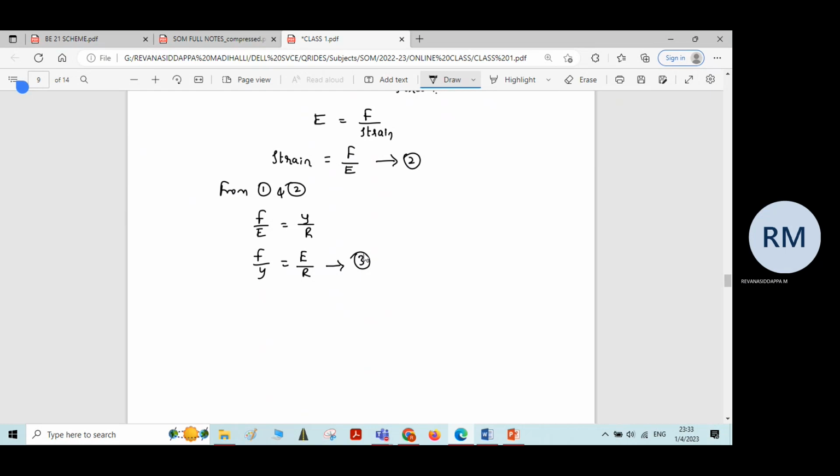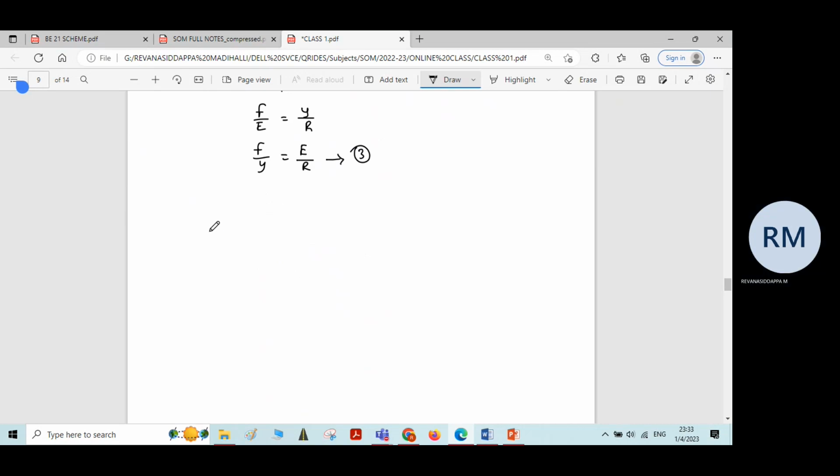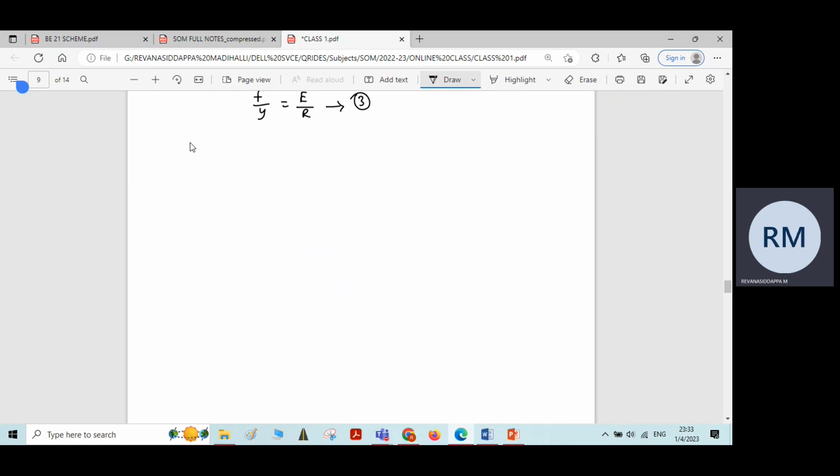Now in the next step, I'll consider some elemental area in the beam at a distance Y from the neutral axis. Let me write the cross section of the beam.